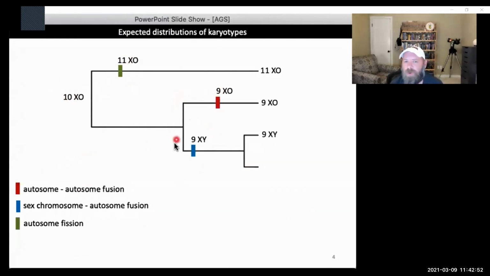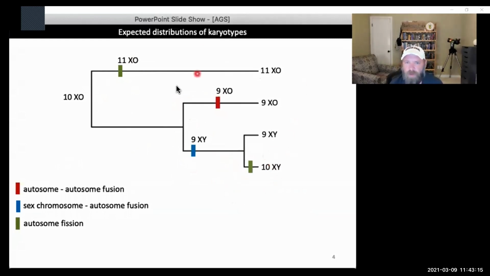And then here is one of these fusions that we're interested in, where we're fusing an autosome with the X chromosome. And so we have a transition from an XXXO sex chromosome system to an XXXY sex chromosome system. And with that, we also have that reduction in autosome number. And then just throwing down one more fission here for good measure.